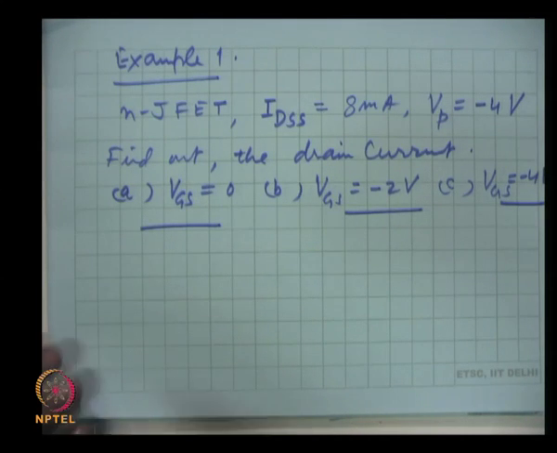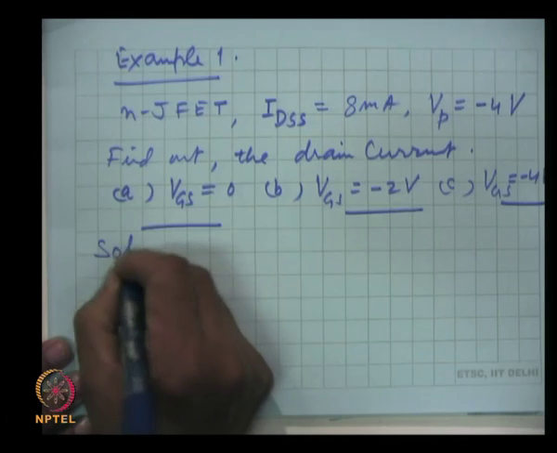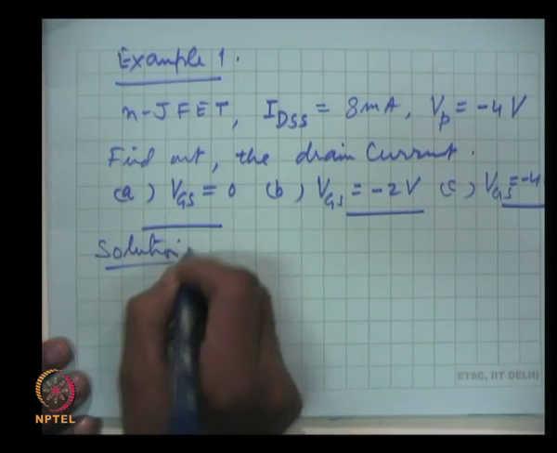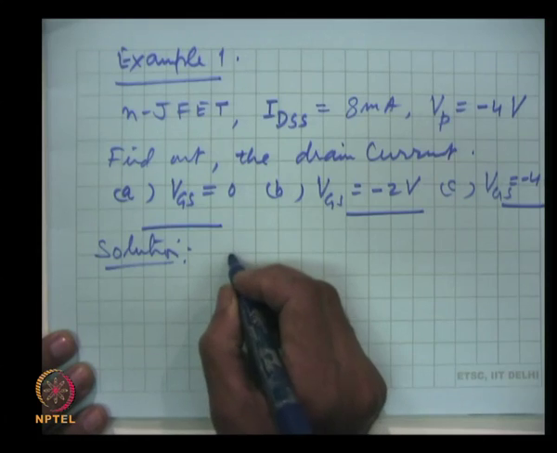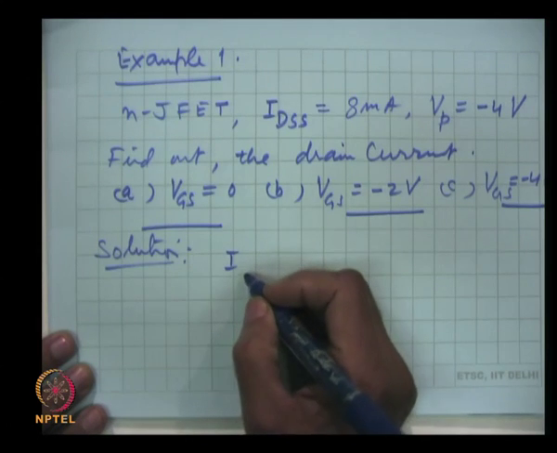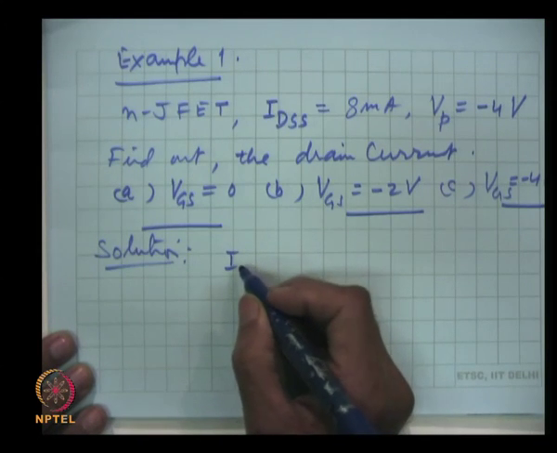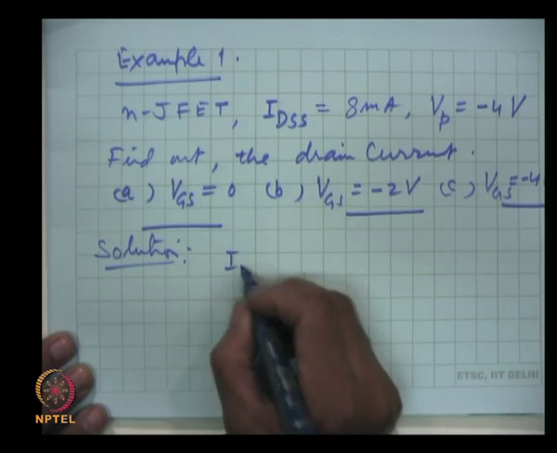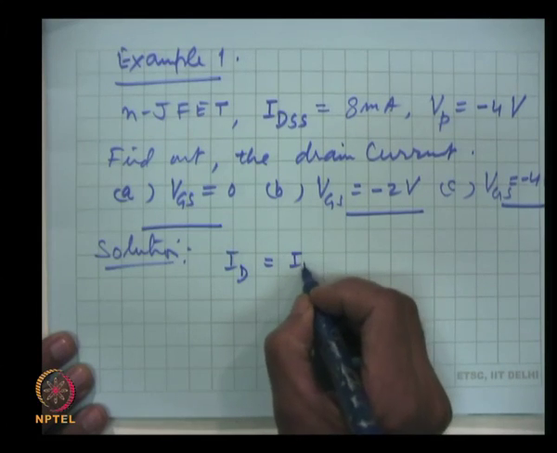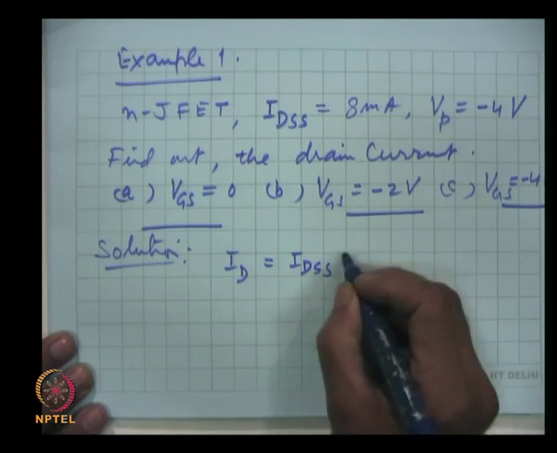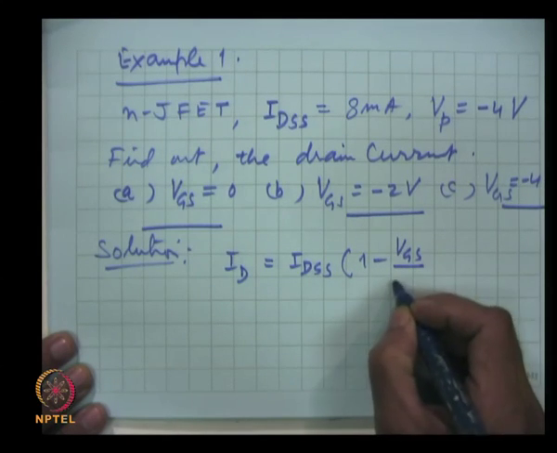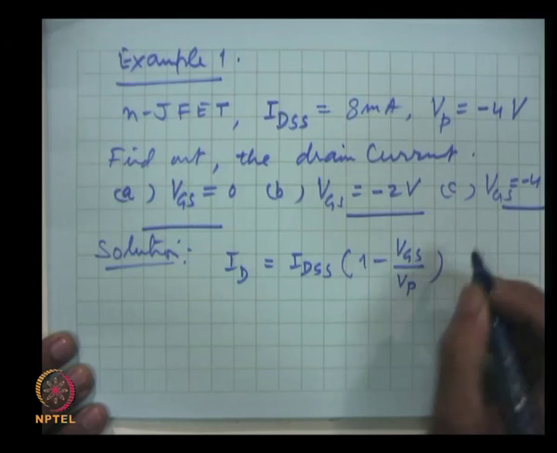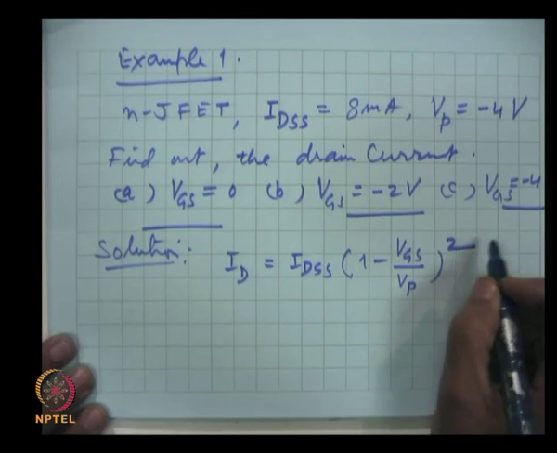This we can do simply with the help of that square law expression for the drain current in terms of the gate source voltage. So, ID is equal to IDSS into 1 minus VGS by Vp, square.